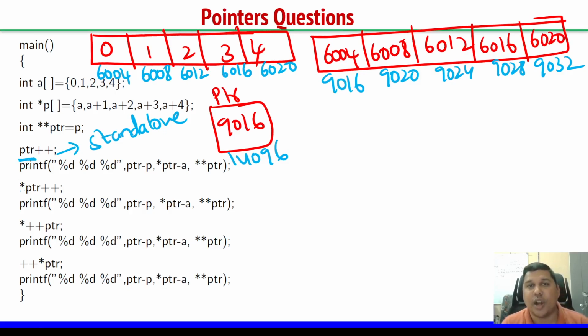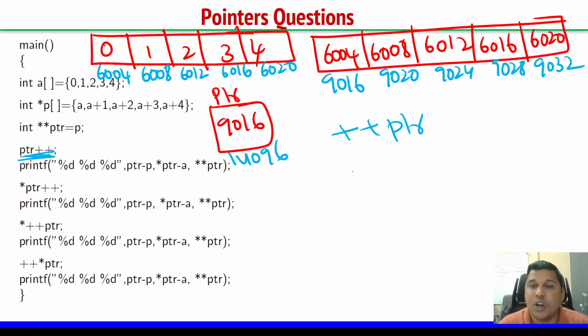PTR is not dependent on any other variable. It is self reliable, that's why it is called standalone, right? So when you have a standalone statement, whether it is plus plus PTR or PTR plus plus, there is no difference. In both cases we have to increment the value of PTR.